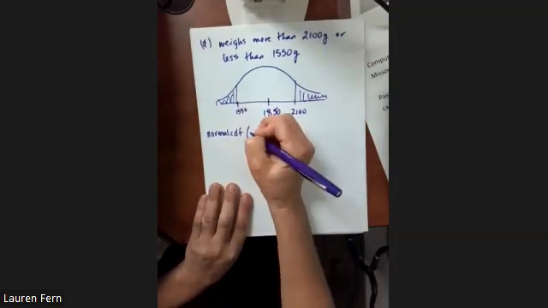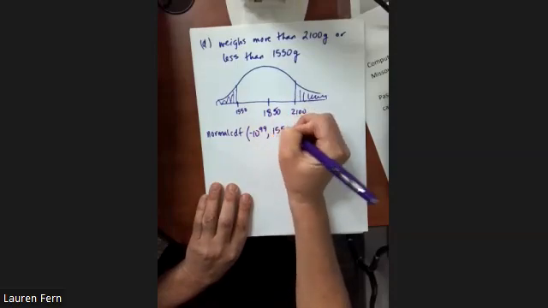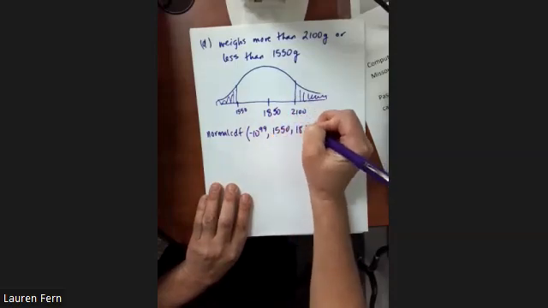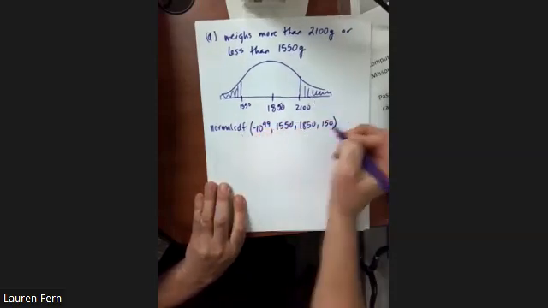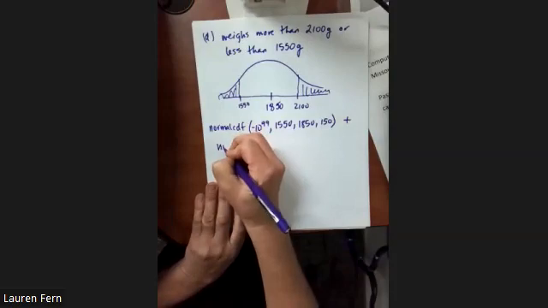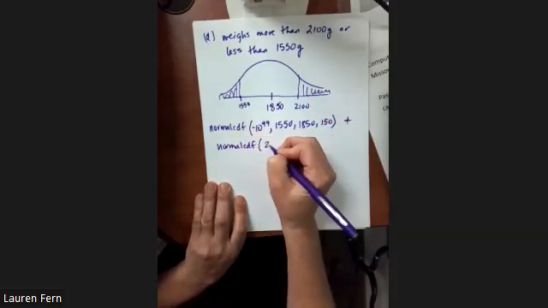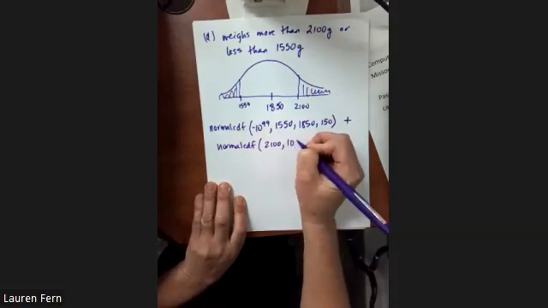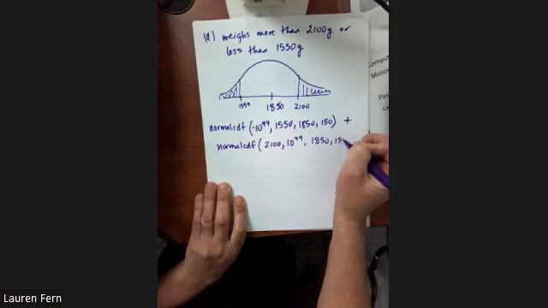Notice this region, my lower bound is negative 10 to the 99th, and my upper bound is 1,550. And then I'm going to add to that the region greater than 2,100. So my lower bound is 2,100. Then I have 10 to the 99.